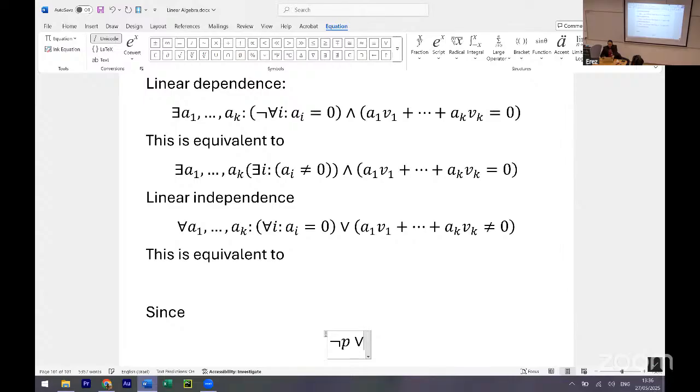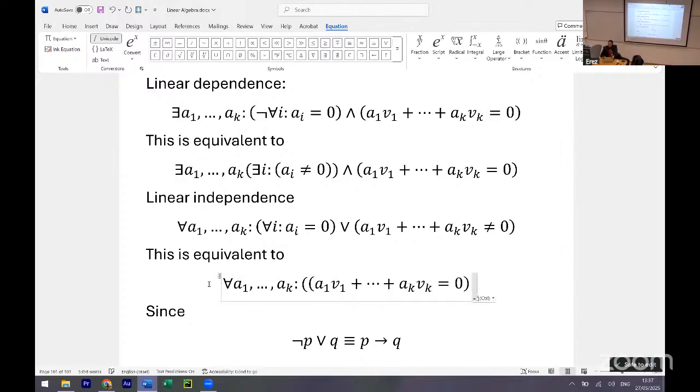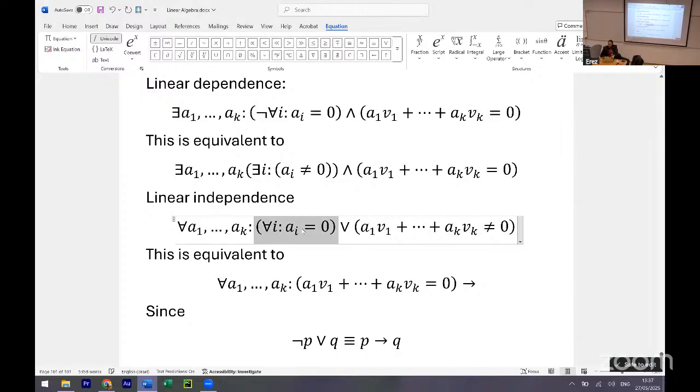Right, not P or Q means P implies Q. We use that. So we say if for all A1 to AK, the fact that the sum is zero implies that all the coefficients are zero, that's linear independence.